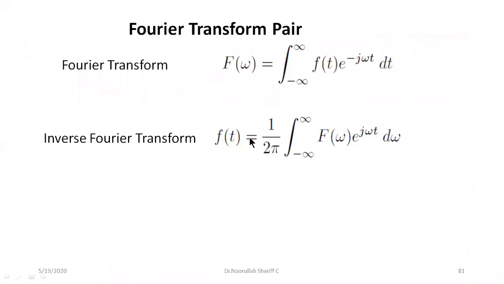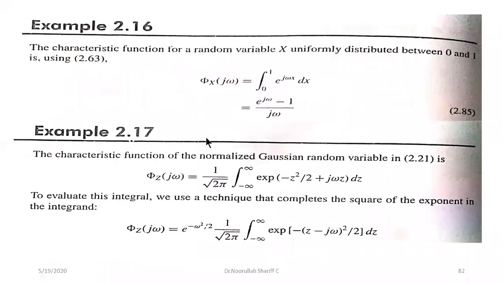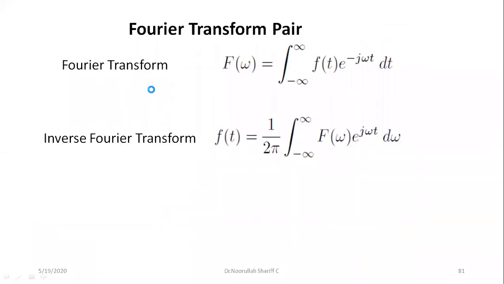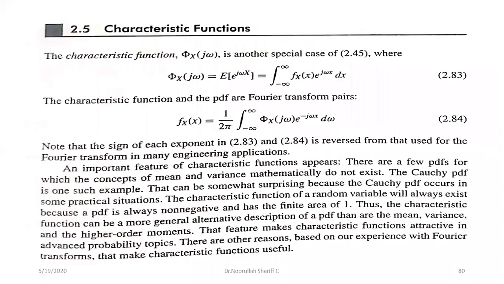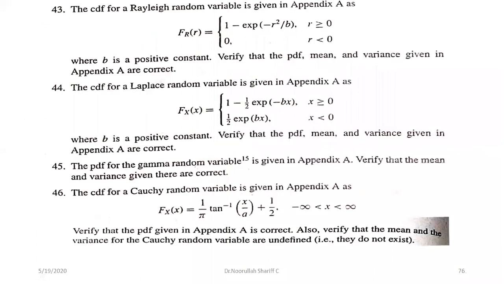let us try to solve some examples. The characteristic function for a random variable x uniformly distributed between 0 and 1 is found using equation 2.63. That will be the expression for the uniform value, right?